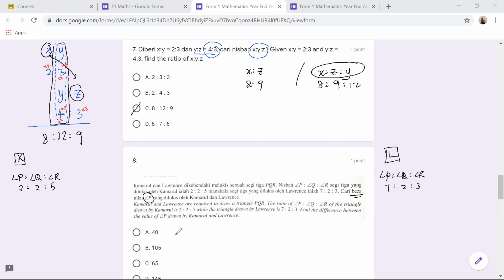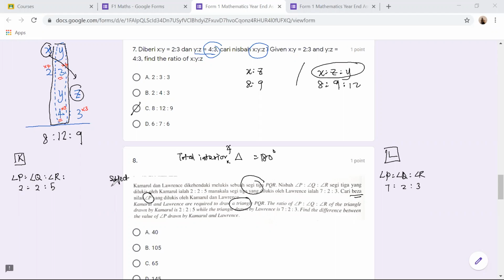Now, how do we find it if we don't have any information about the actual value? This is a triangle, right? Therefore, we know the total interior angle for a triangle is 180 degrees. The first line, we put the item or subject.